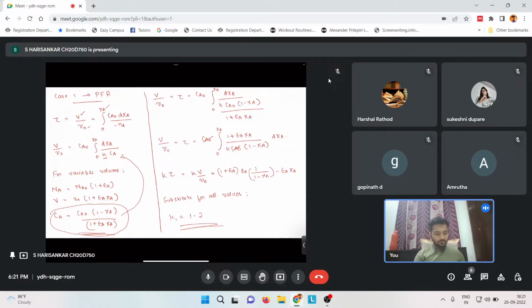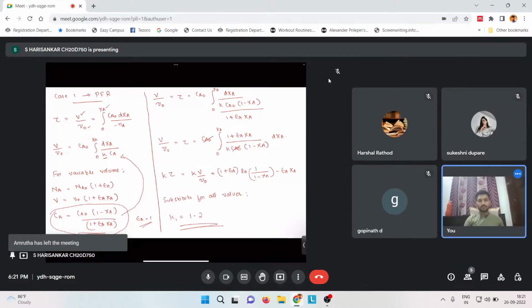We found that epsilon A here is 1. So CA will become CA0 into (1 minus XA) by (1 plus XA), and we will substitute this CA back into the design equation.